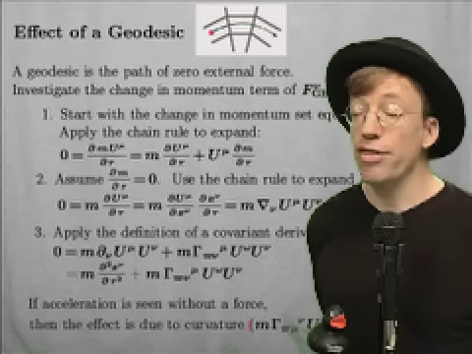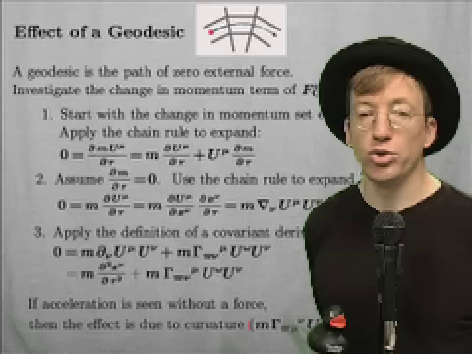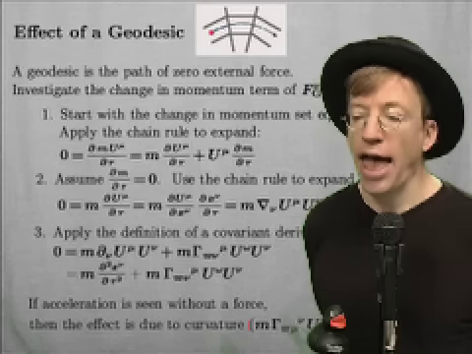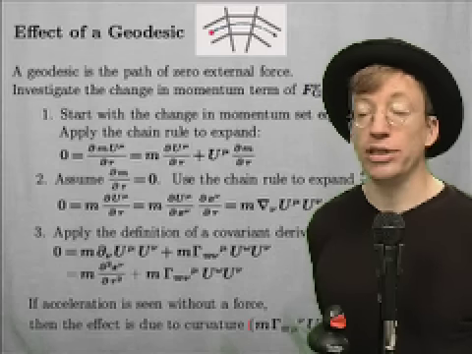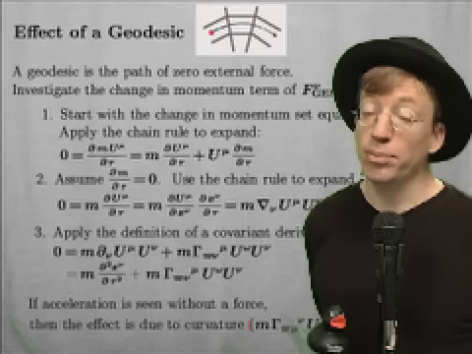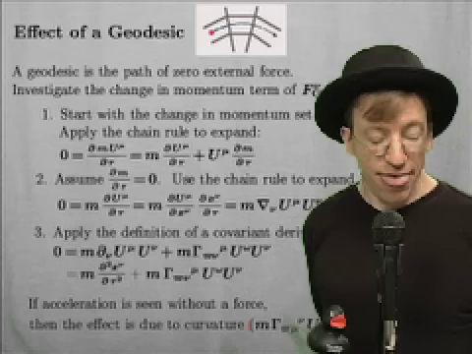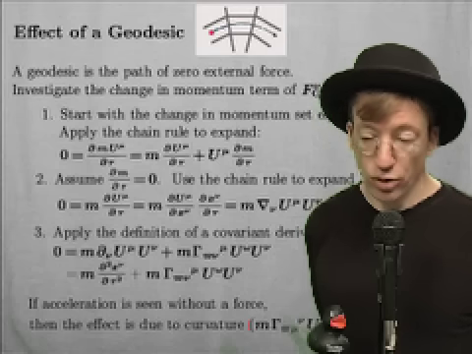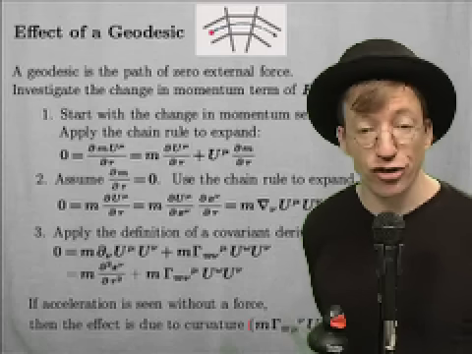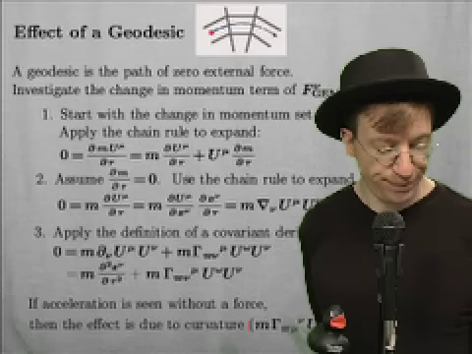You use the chain rule to break it into two parts, the usual kind of MA term and the other term which has to do with change in mass with respect to space-time. And we suppose that that term equals 0. Then you apply the chain rule to expand the acceleration term, and you get that term that's got a couple of u's in it.